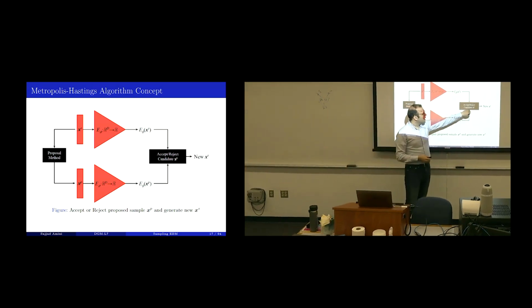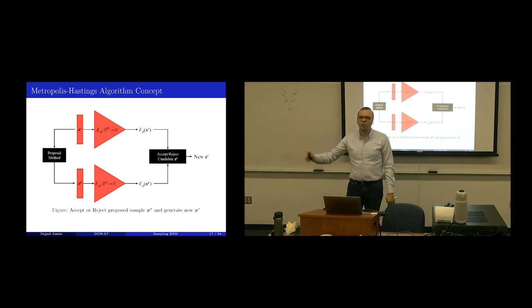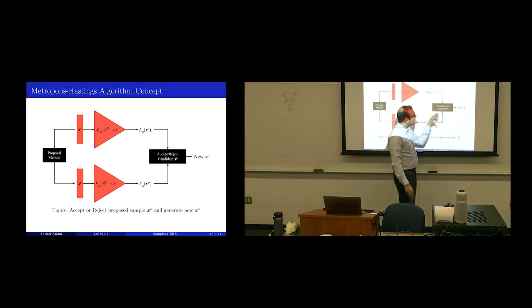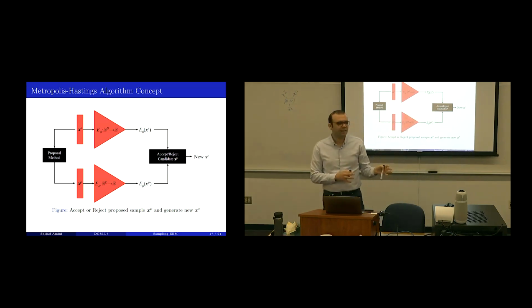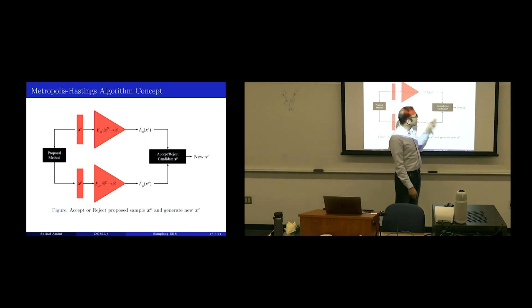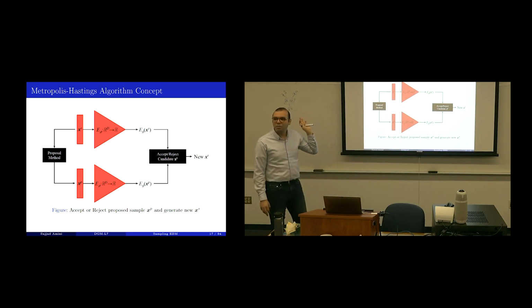This accept or reject is such that it guarantees that after sufficient iterations, you have samples from your unnormalized distribution. There is a lot of theoretical work here on when to accept or reject. As a result, if you use the suggested black box in the Metropolis-Hastings algorithm, after enough iterations you have samples coming from the true, normalized data distribution, although you do not have access to the normalized distribution.